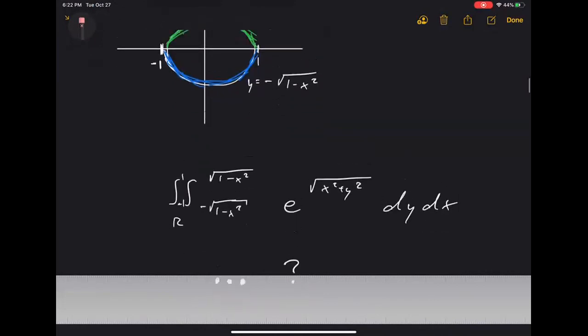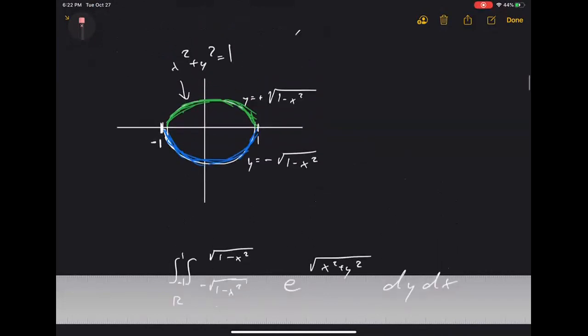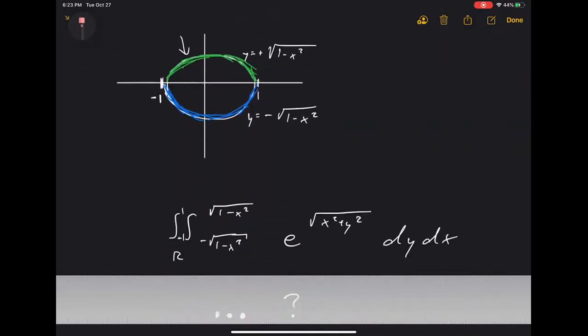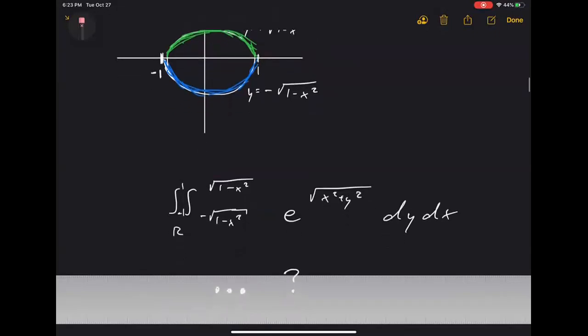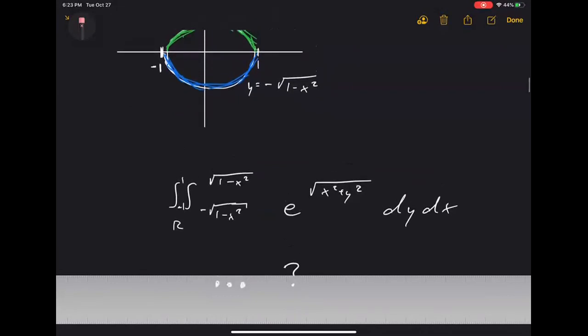It should almost be an immediate integral. It should be very easy. I haven't taught you how to integrate this in terms of polar coordinates yet, but maybe you can see the difficulty. This will be a very hard integral in Cartesian coordinates.